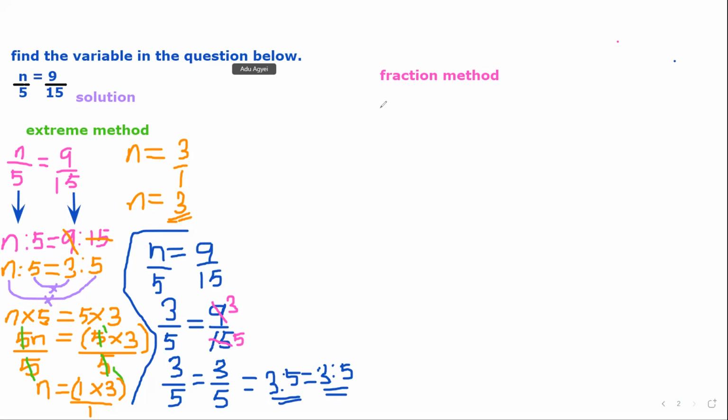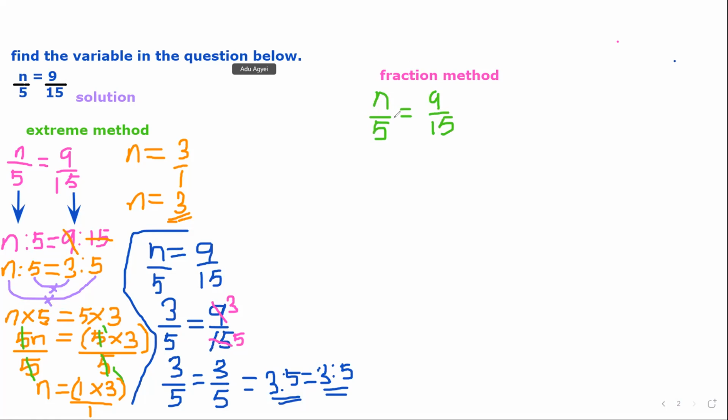The fraction method, the question is n over 5 equal to 9 over 15. Now the question is already in fraction, so there's no need to change to fraction again.